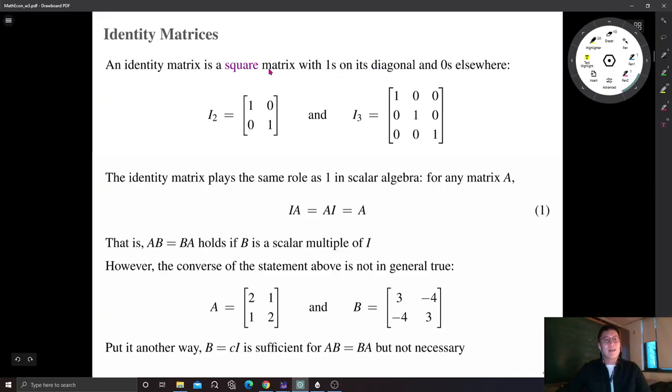Okay. So here is the 2 by 2 identity matrix. All diagonal entries are equal to 1 and off-diagonals are zeros. Okay, and in the 3 by 3 identity matrix, all diagonal entries are equal to 1 and off-diagonals are equal to 0.